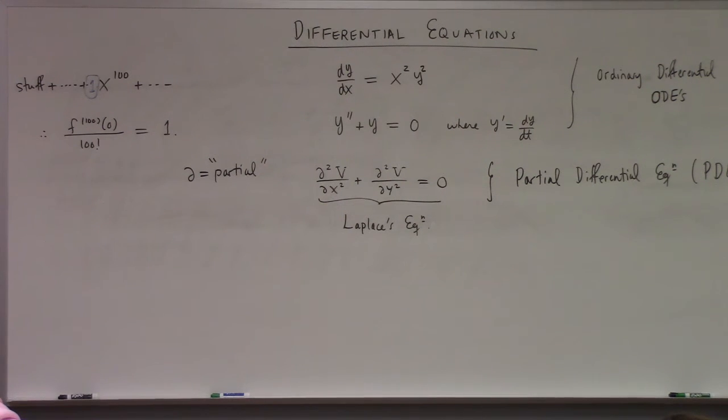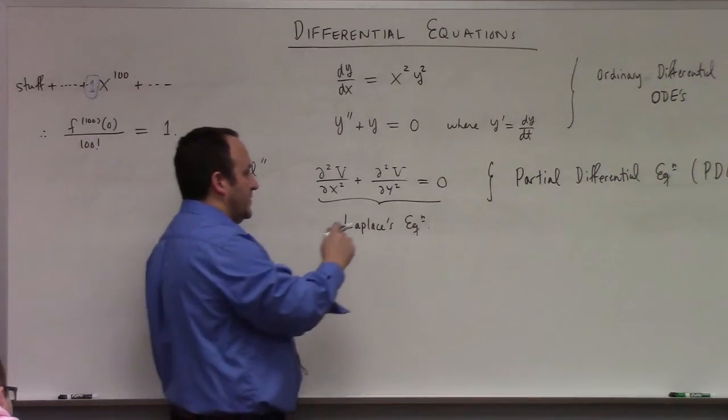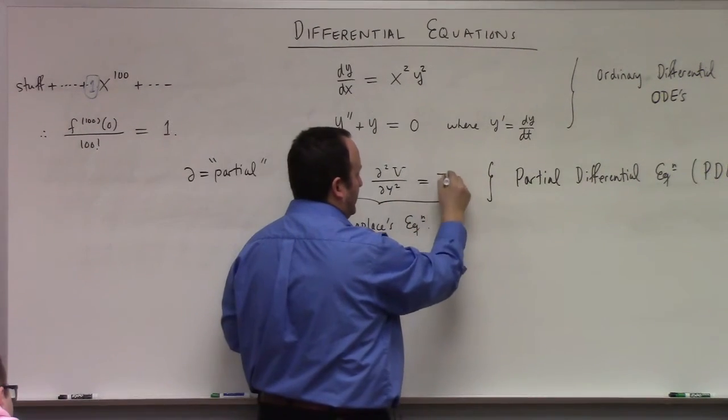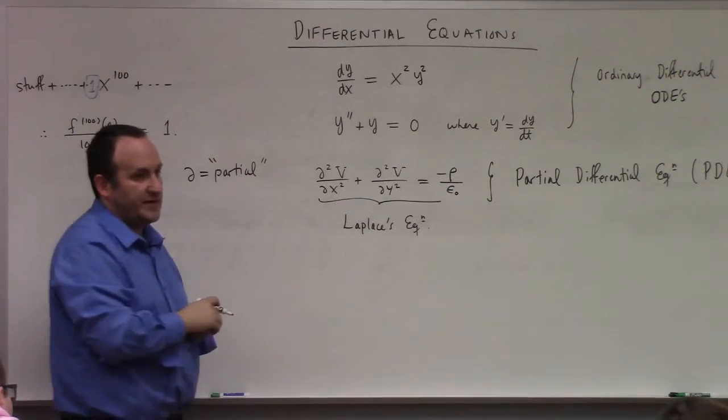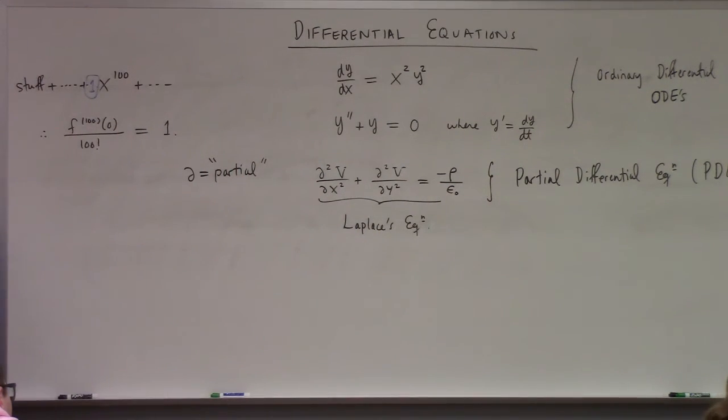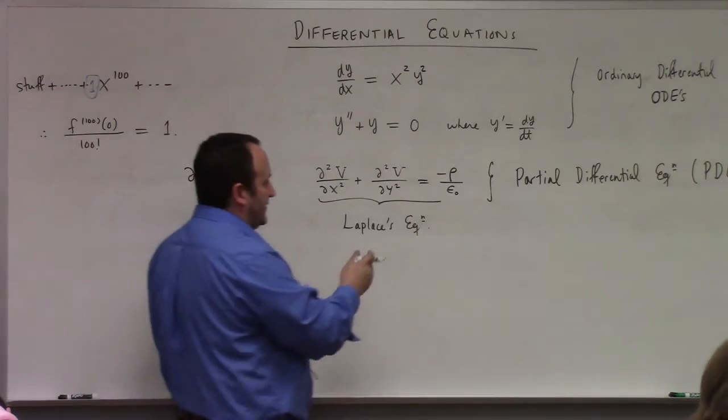In the presence of charge, you get Poisson's equation, which puts a minus rho over epsilon naught over here. If you add the minus rho over epsilon naught, then this is Poisson's equation, which would be like if you're solving a voltage function where you have the presence of charge. Anyway, this is part of a larger story.